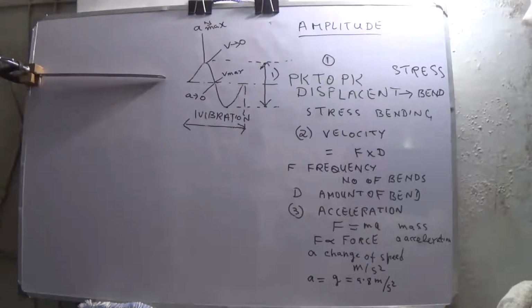Now, how can we find the amount of vibration? The amount of vibration is called amplitude of vibration, and it tells us the condition of the machine.